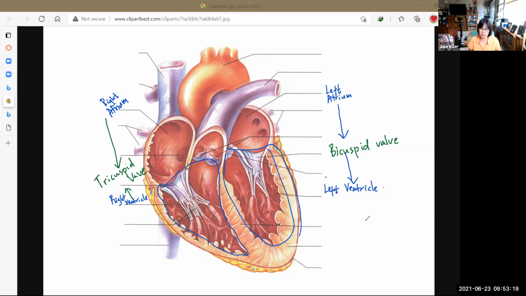Are we good? The way you memorize that: the word right has 5 letters, more letters, so the valve has more letters too. And then there's a letter T. Oh, there's a T also there. Never mind, I'm trying to help with a mnemonic. But tricuspid, right? You can imagine sometimes people get confused about which one is bicuspid and which one is tricuspid.